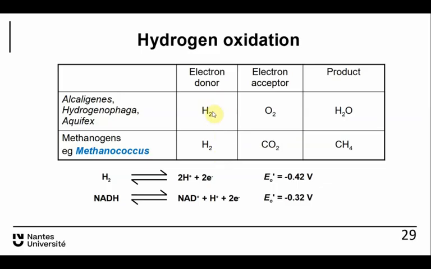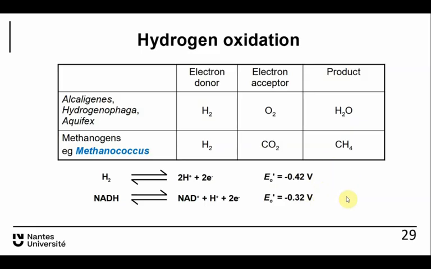Hydrogen oxidizers kind of have it easy because hydrogen is such a good electron donor that these bacteria can produce NADH directly, because of the standard redox potential of this half reaction. The more negative this value is, the better the electron donor is. So if you put these two reactions together, it will work.